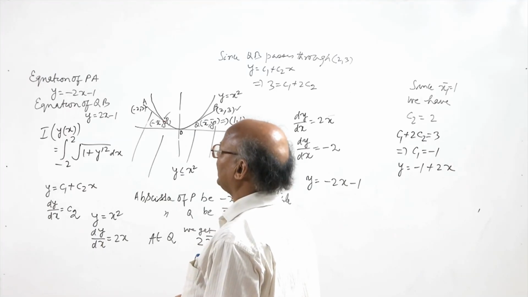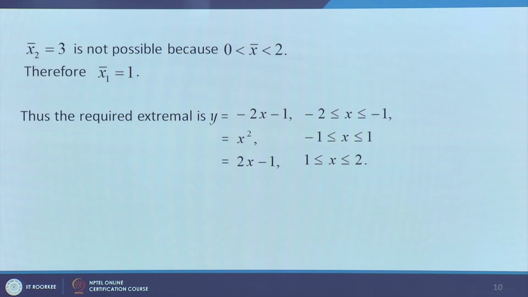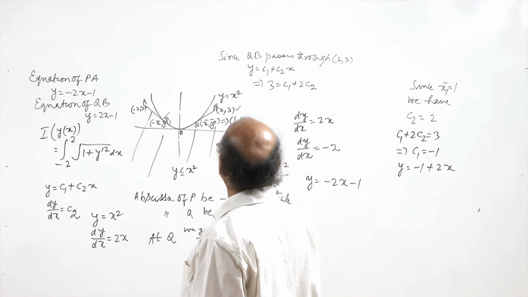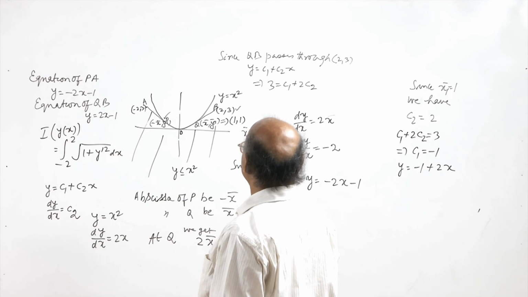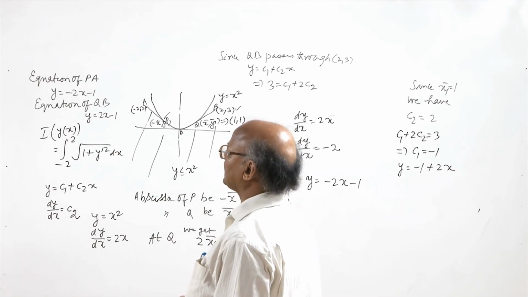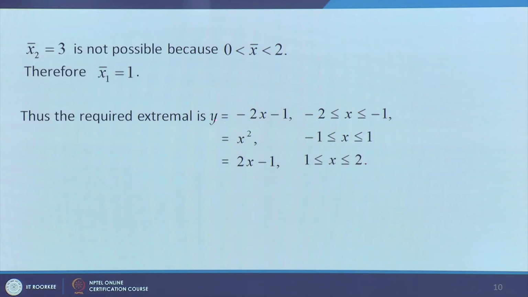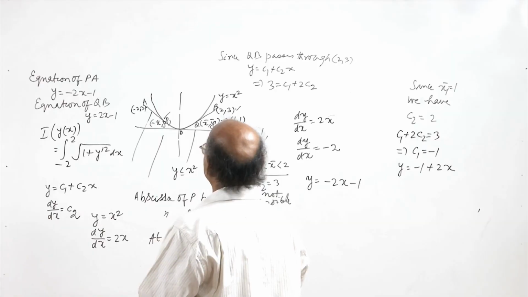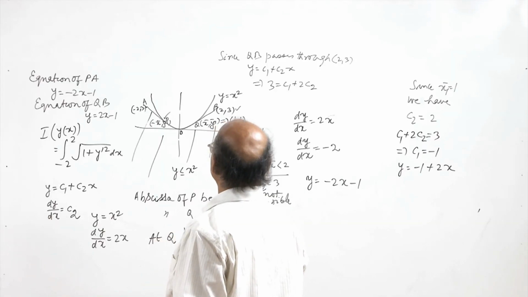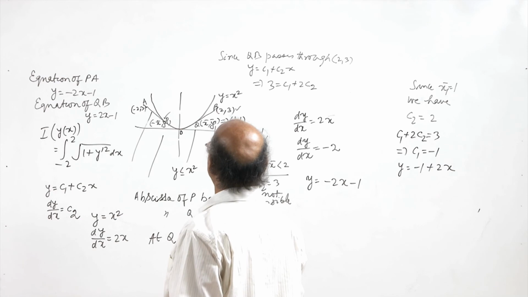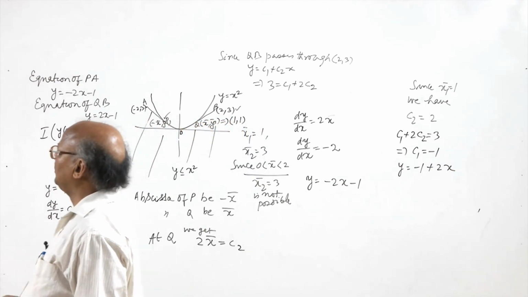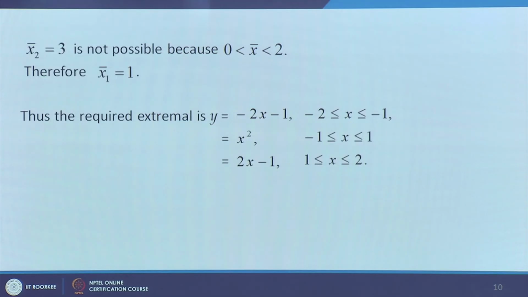So, from minus 1 to 1 y is equal to x square, and then from the point 1 1 to the point 2 3, that is 1 is less than or equal to x less than or equal to 2, we have y is equal to 2x minus 1. So, this is the extremal. Extremal consists of the straight lines AP, arc POQ and the straight line segment QB, and their equations are given by this.